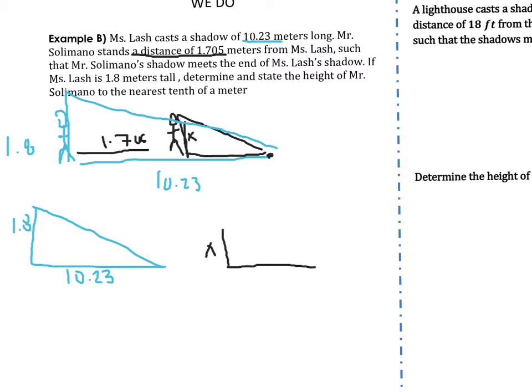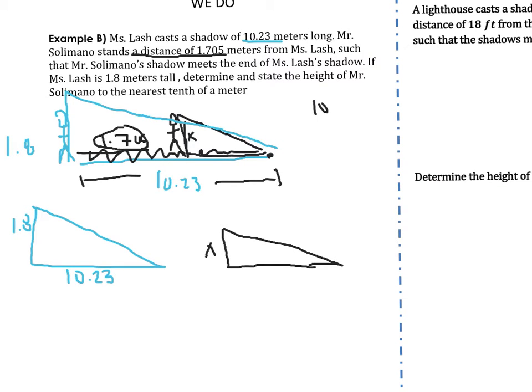So I want you to stop and think. How long do you think Mr. Salamano's shadow is? Now, a common mistake is to say it's 1.7. But that's not his shadow. His shadow's over here. So it's 10.23 minus that 1.705.